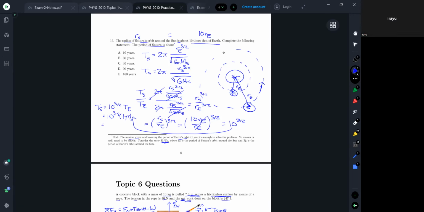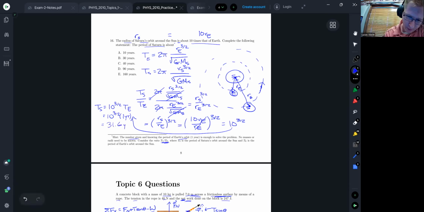Is it 31.6? That sounds about right to me. So to just one significant figure, which is what they're giving us here, 30 years.